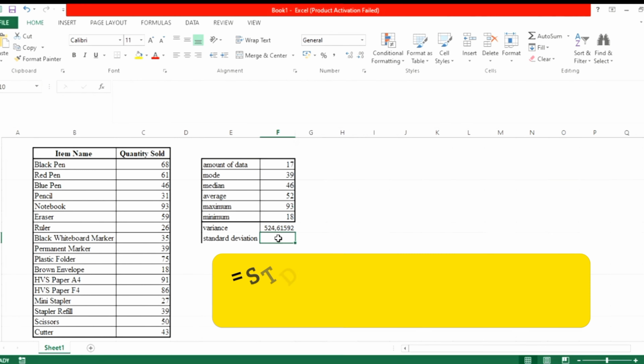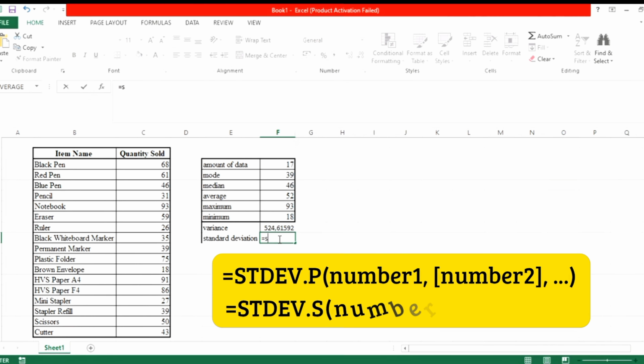The formula is equal STDEV, like the variance, because this is population, so we use STDEV.P, which means standard deviation of the population. STDEV.S means standard deviation of the sample.